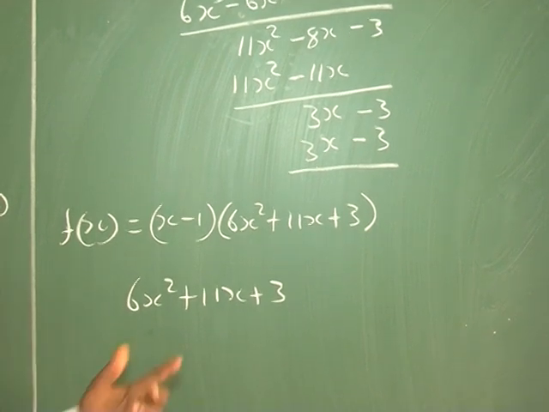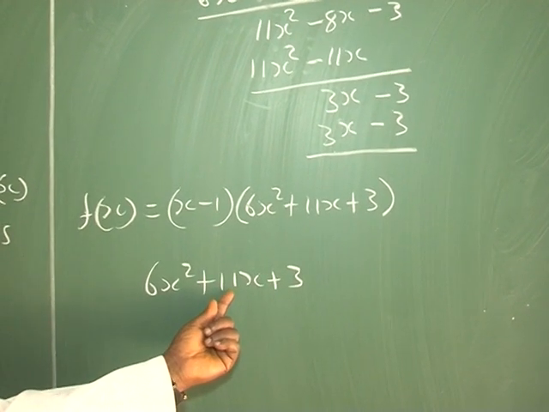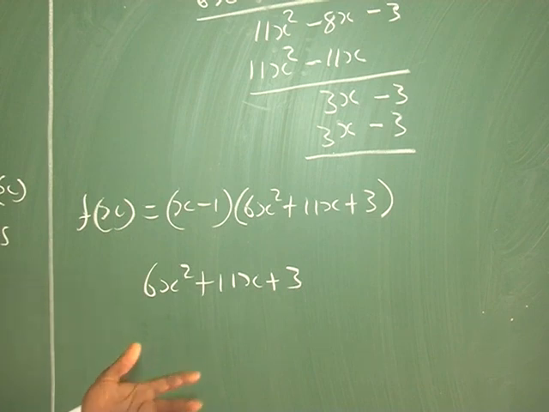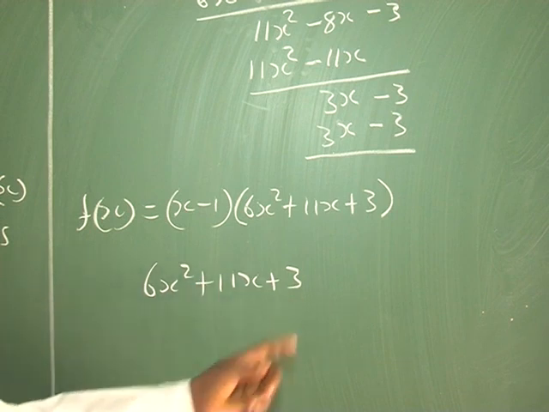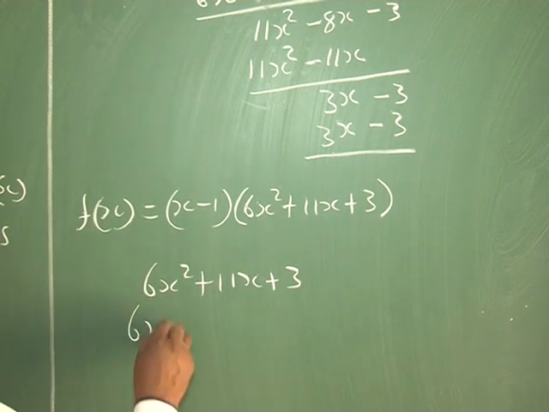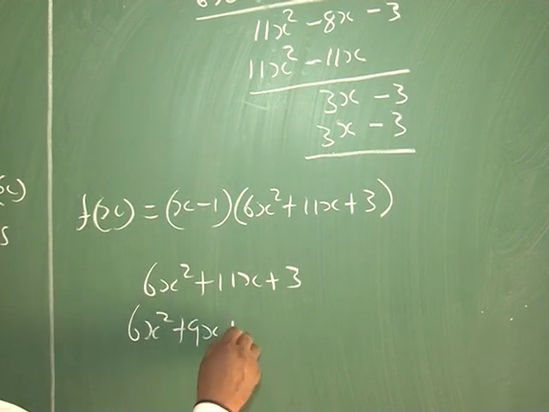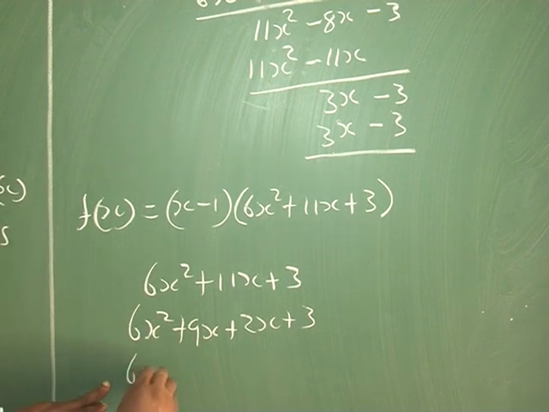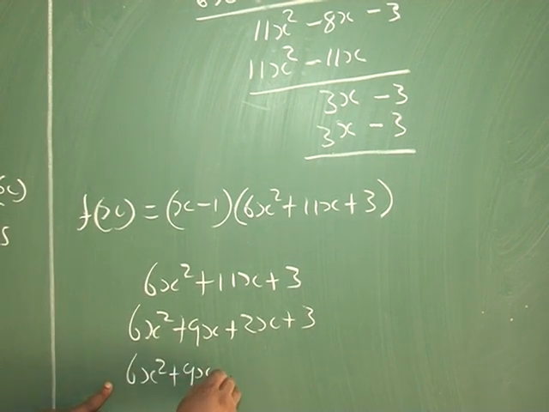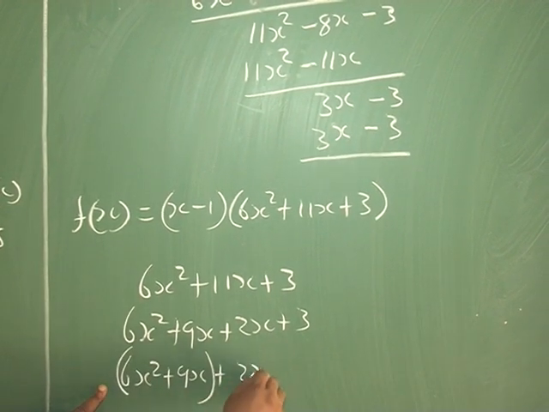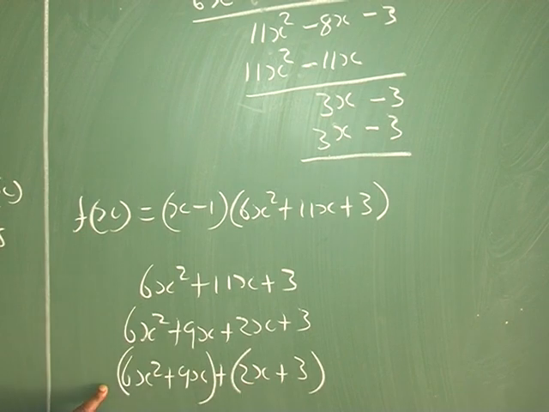Two numbers, if we add, we have 11, and if we multiply, we have the product of 6 and 3. That is, if we add the two numbers, we have 11. If we multiply, we have 18, because 6 times 3 is 18. And these numbers must be 9 and 2. So we have 6x squared plus 9x plus 2x plus 3. That will give us 6x squared plus 9x in brackets, 2x plus 3 also in brackets.